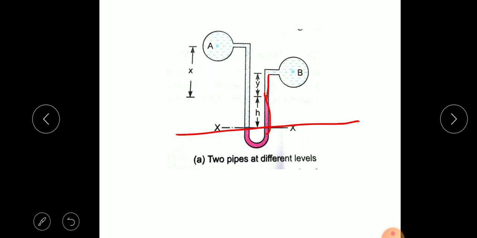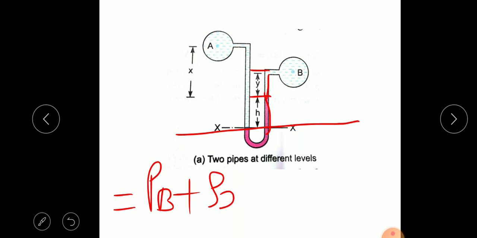So on the right side, pressures are due to pB, the pressure of the fluid at point B, and due to the liquid column of y distance: the density of the second liquid is rho 2 g, its height is y, so rho 2 g y, plus this height of mercury.